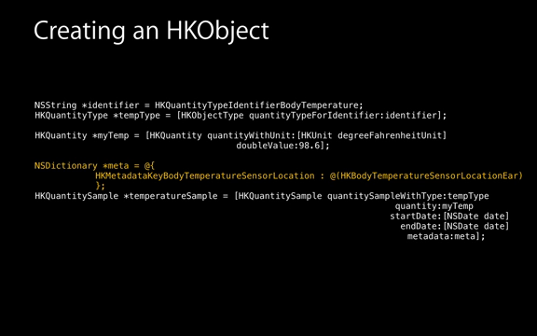Last, we create some metadata. This piece of metadata says that the person probably took their body temperature using an ear thermometer. We can then pass all of this to HKQuantitySample's quantitySample with type and give it a start date and end date of right now.